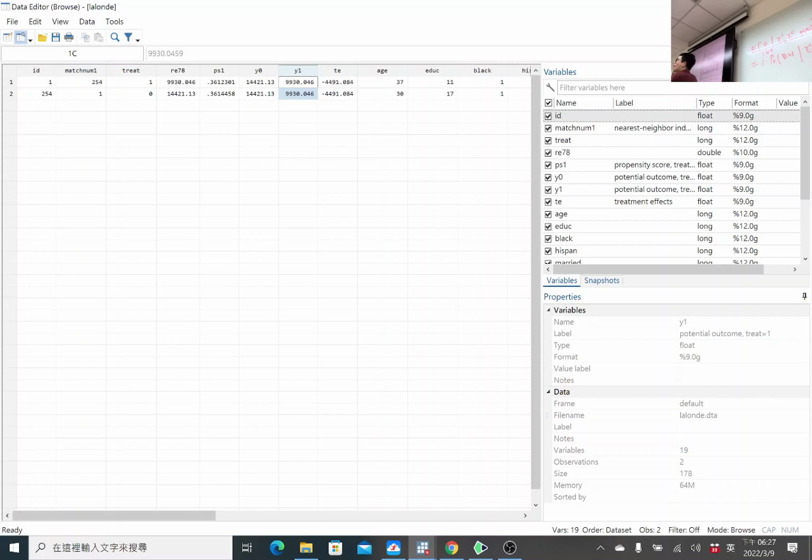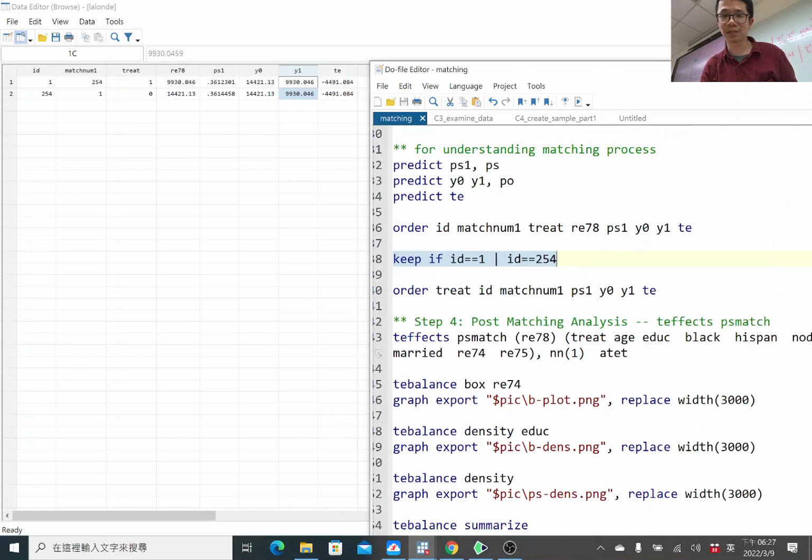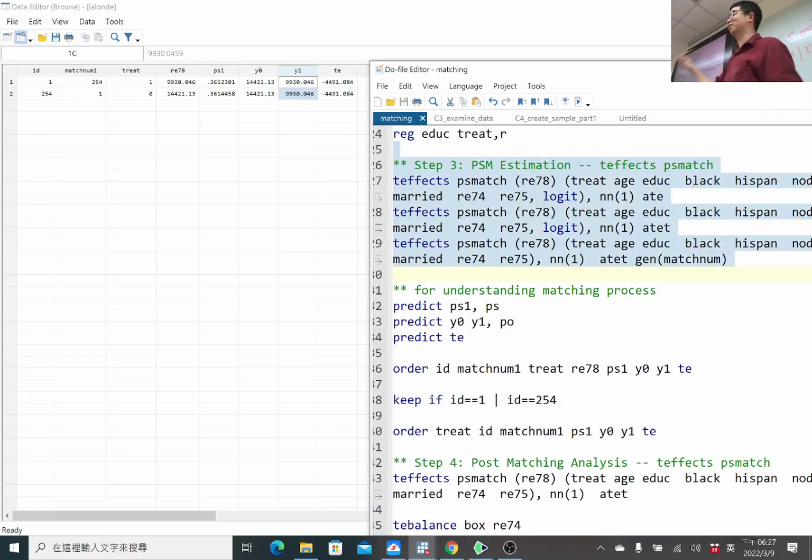The average treatment effect on the treated is just the average for the treatment group, those who got treatment. And the average treatment effect on the control group focuses on the control group. You can manually calculate this yourself, but you can just implement this and it will directly give you the result.